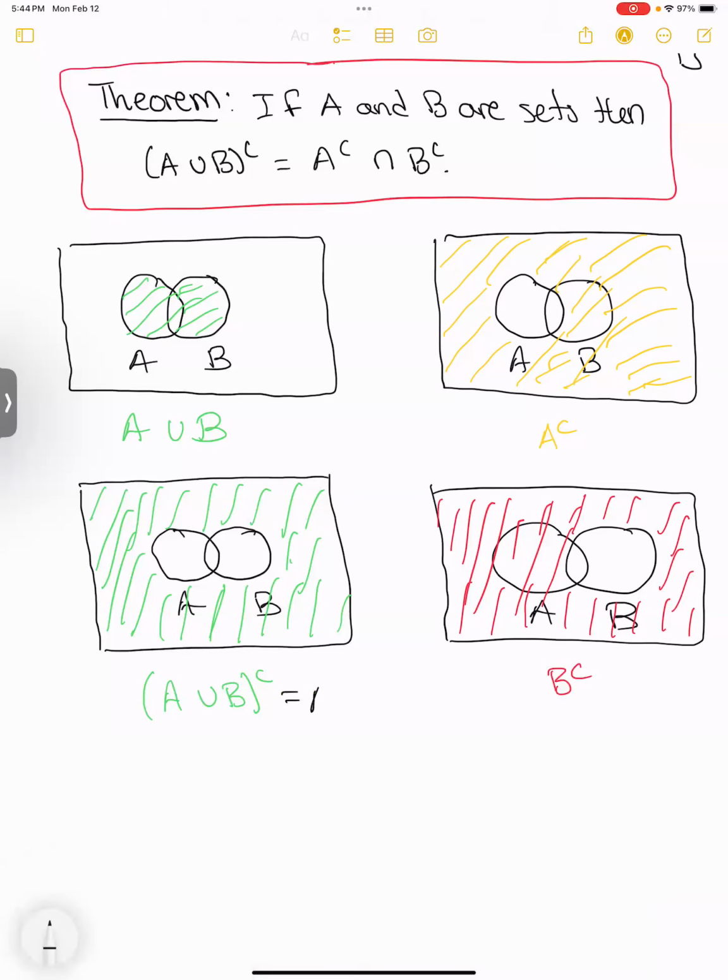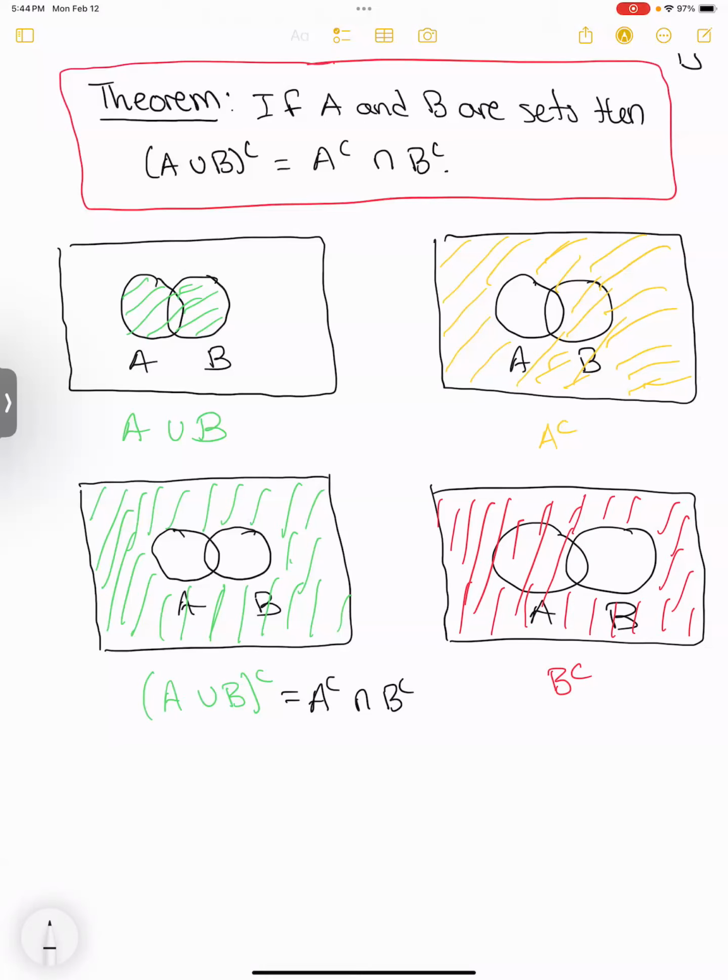So that's the same thing as A complement intersect B complement. Basically everything outside of A union B, right? Because over here, this part is not included up there, so it wouldn't make it to the intersection. What's up here in yellow inside of B is not down here in B complement, so that doesn't make it in the intersection. And so we can see just by drawing pictures that this theorem looks believable, right?